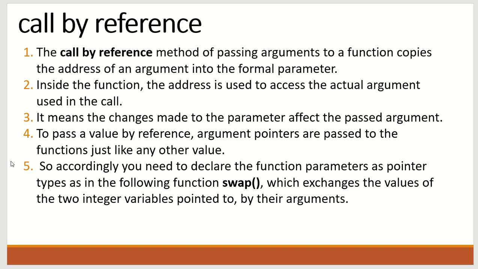So to pass a value by reference, argument pointers are passed to a function just like any other value. So accordingly, you need to declare the function parameters as pointer types, as in the following function swap, which exchanges the values of two integer variables pointed to by their arguments.